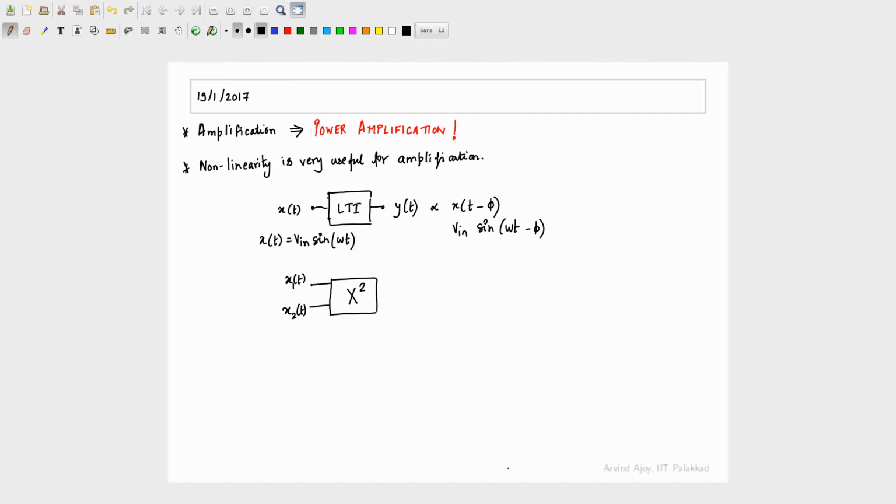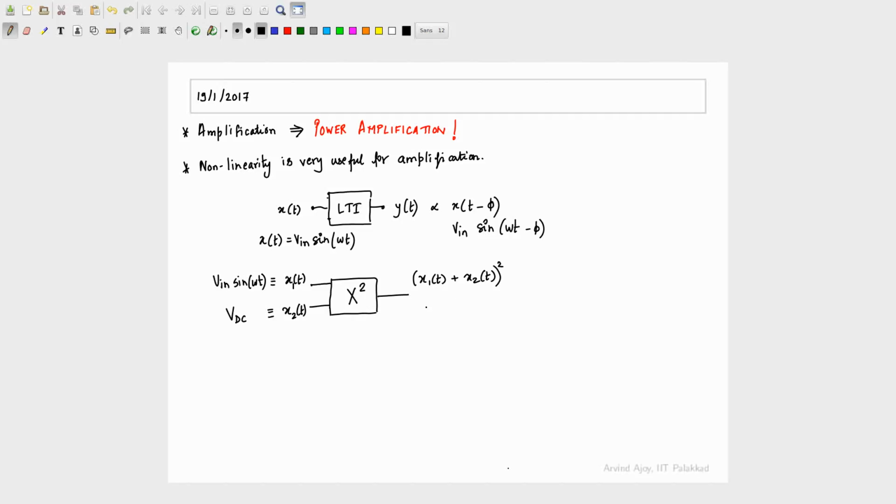Say this X takes two inputs, x1 of t and x2 of t. To keep things clear and not waste too much time going into this, I have just put one input. This is not the two-port network, it's just input and output. Say my output here is (x1 of t plus x2 of t) whole squared.